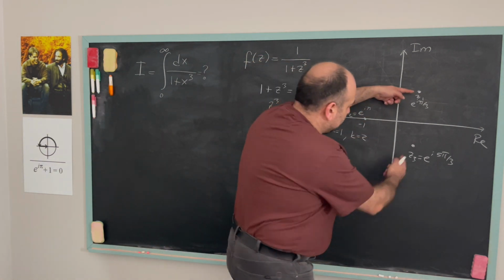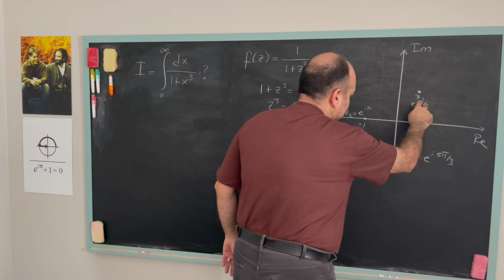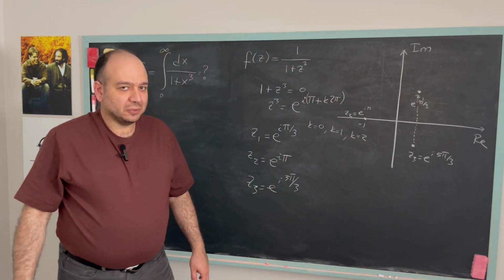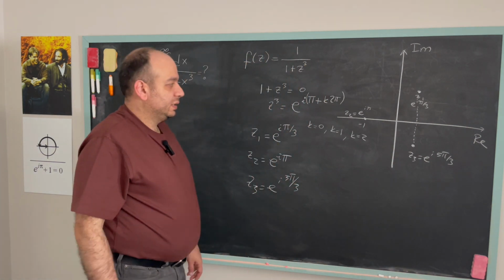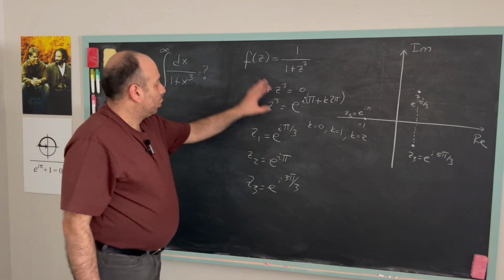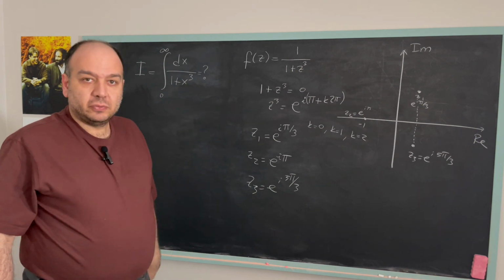These 2 points are symmetric across the real axis, so they will have the same real value. The real values of z1 and z3 are the same. So we found the roots; these are the poles of this function f of z.